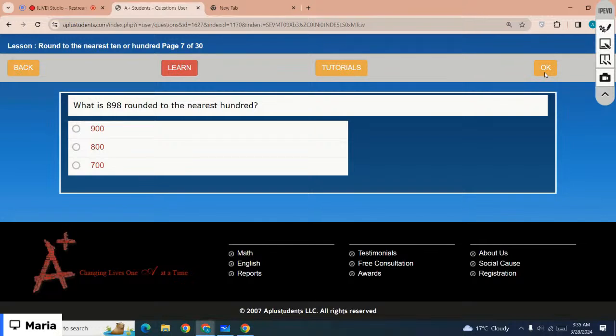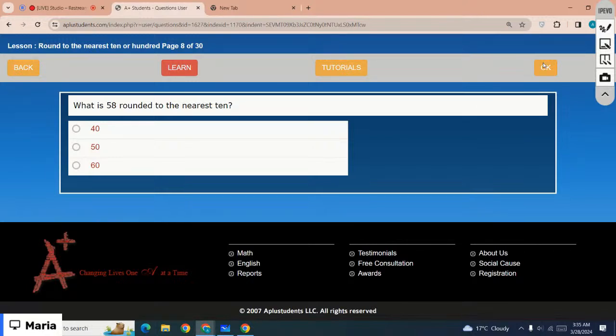What is 898 rounded to nearest 100? So which is the correct option? 898 is rounded off to 900. The correct option is, very good, that is 900. What is 58 rounded to nearest 10?